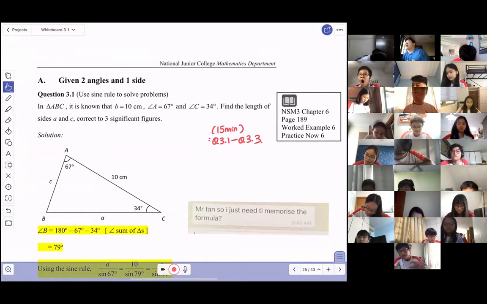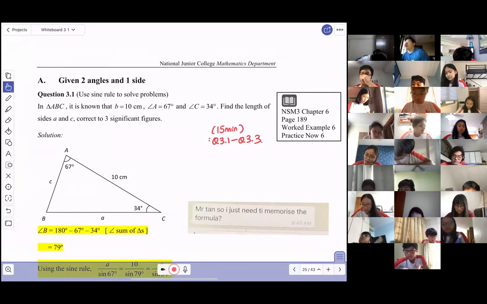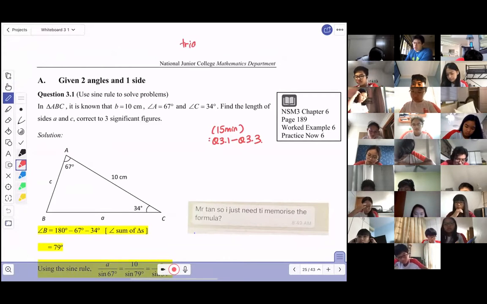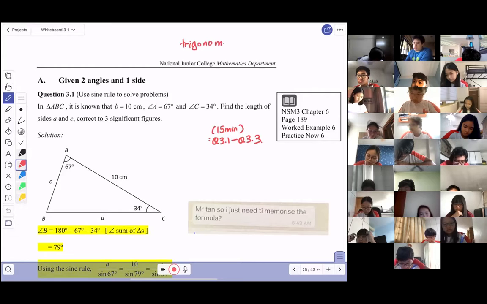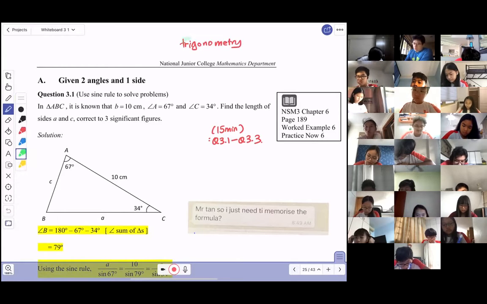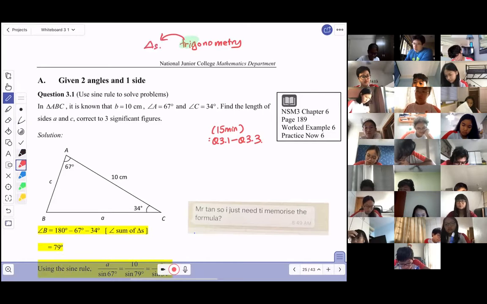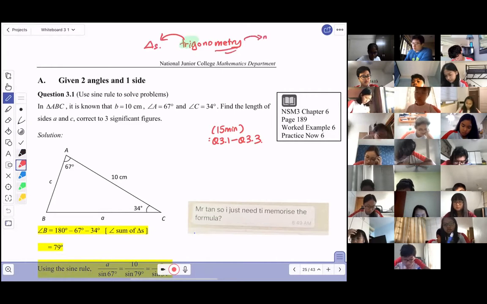That's why the topic here is called trigo. Trigonometry, as the name suggests: trigo means that we are studying triangles, and metry means measure.